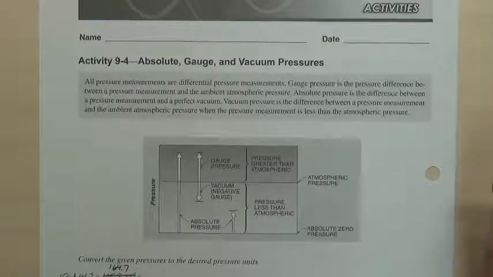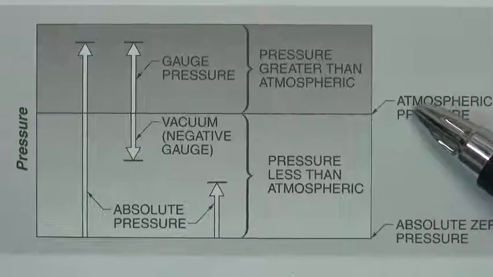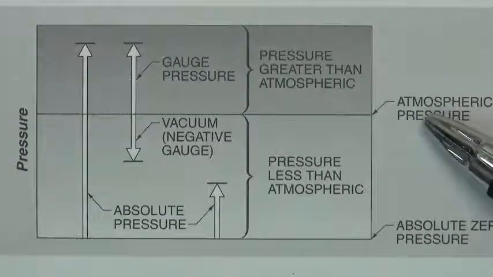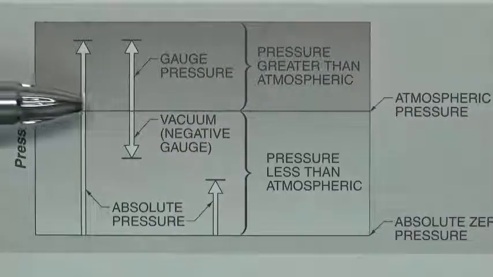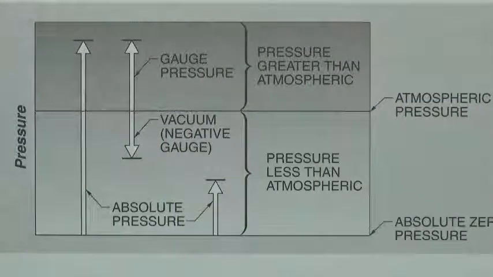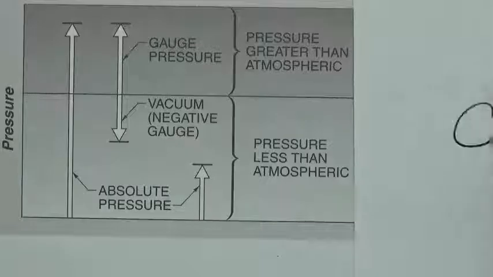Vacuum pressure is the difference between a pressure measurement and the ambient atmospheric pressure when the pressure measurement is less than the atmospheric pressure. So here's atmospheric pressure, which is 14.7 pounds at sea level. And if you had a gauge, and one side of the gauge was at atmospheric pressure, so maybe we have a little gauge here.